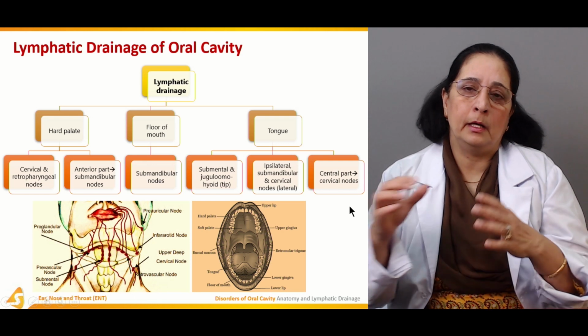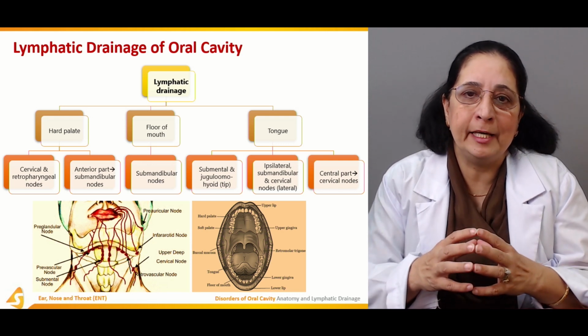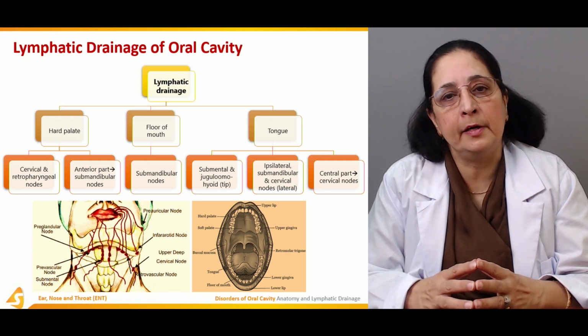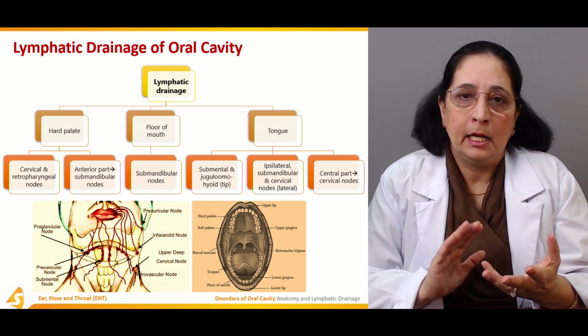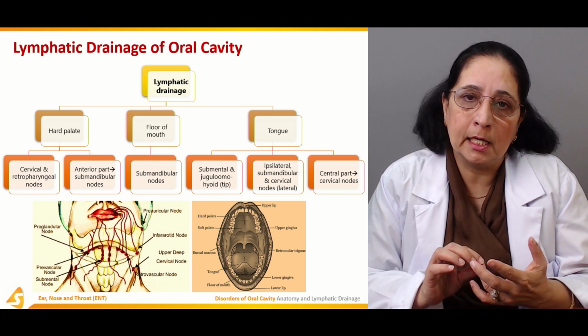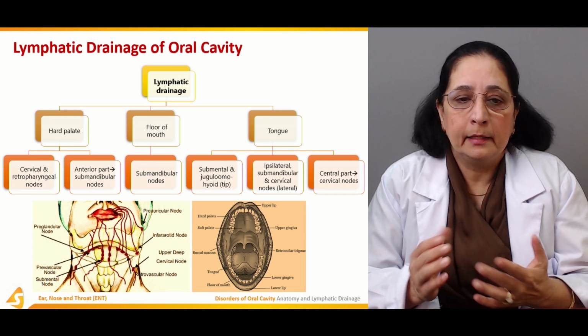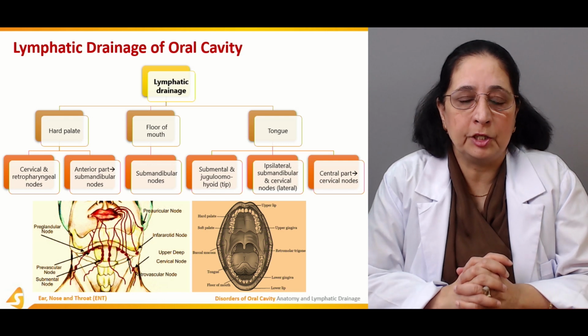So one by one, we talked about the lymphatic drainage of all the different structures of the oral cavity: mucosa, then the tongue, lips, then the hard palate, floor of the mouth, all these structures.